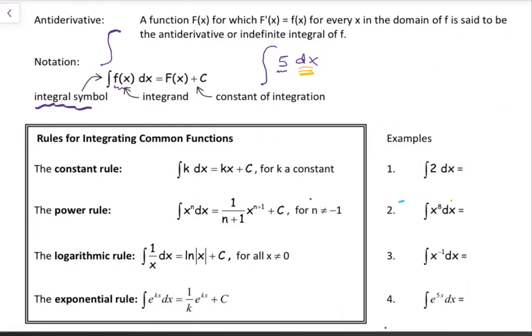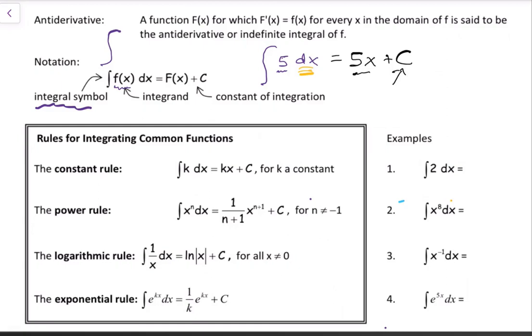And then what we set that equal to was that family of functions, 5x plus c. So there's my antiderivative, and then my c is known as the constant of integration. That's that extra constant that I could add on to create my whole family of antiderivatives.